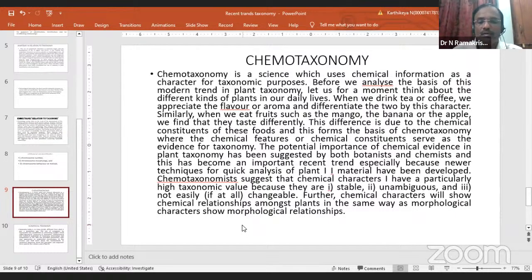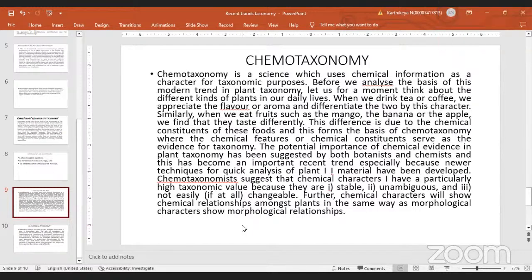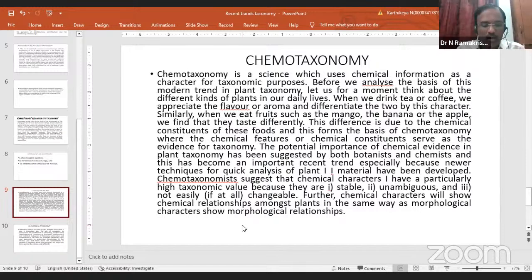Here, how many are given under Ranales? The question is coming: discuss Ranales, Centrospermae, Amentiferae. We have completed only Ranales now, so we will discuss Amentiferae next.